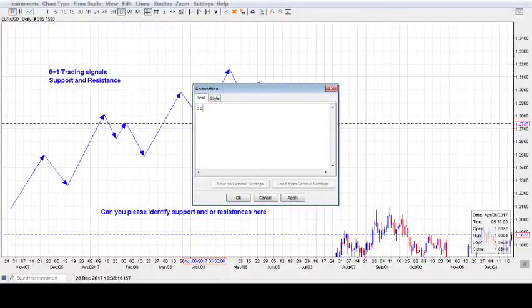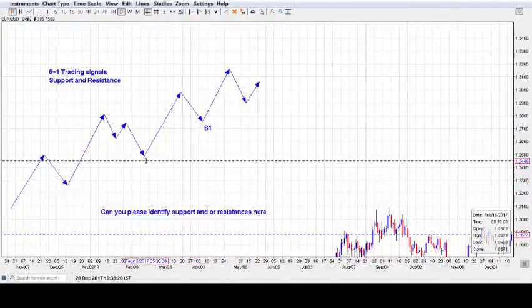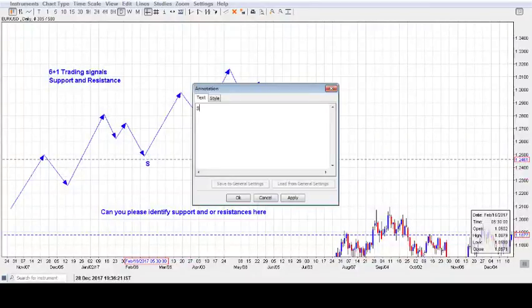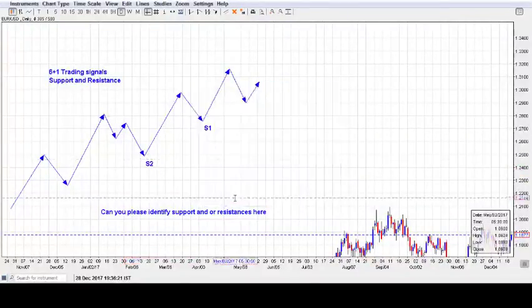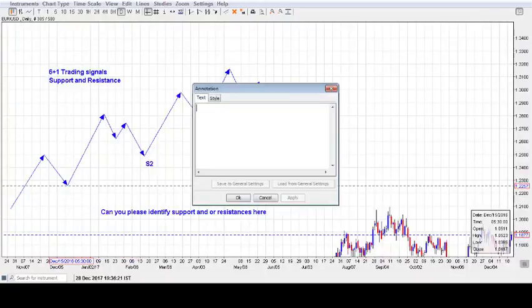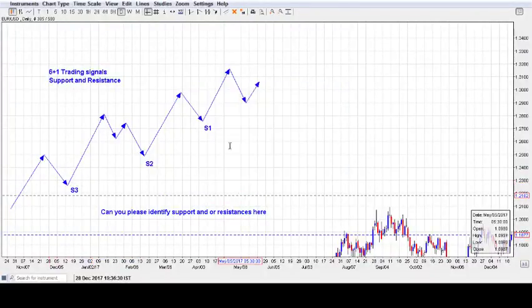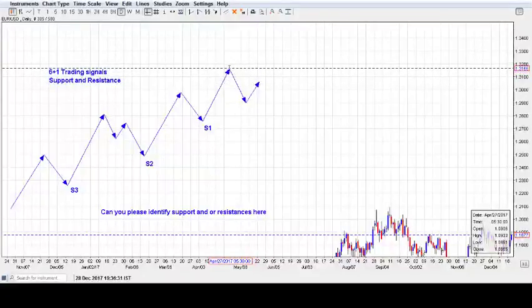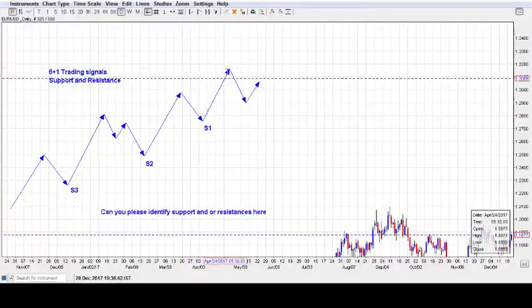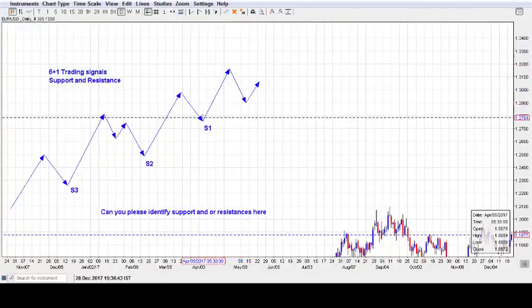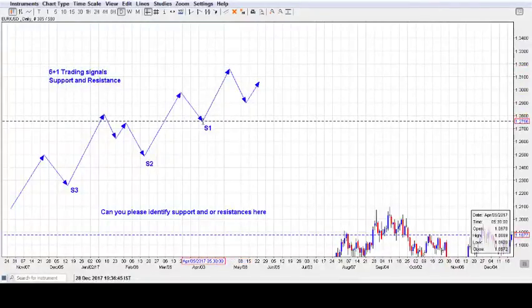Support 1, support 2, support 3. Please remember, these are the steps, only 2 steps. Find out the highest point of the rising market, and then go back, incline lower at each low.